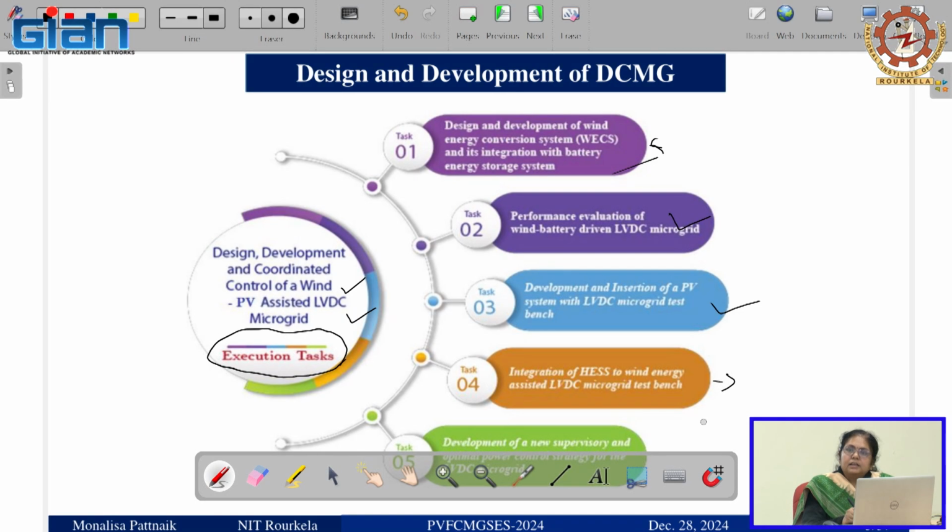And finally, we developed a supervisory power management scheme to operate the overall system. So this is the stepwise explanation so that you can have the idea how to develop it, though the power level is low, but we can do it from the starting.